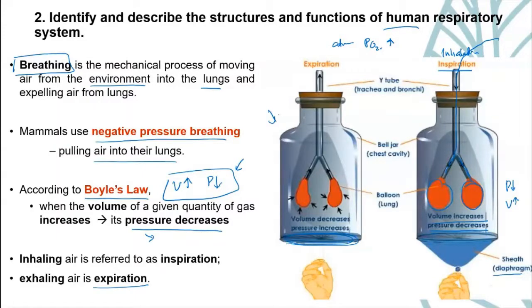During exhalation or expiration, the diaphragm will move up, causing the volume to decrease and pressure to increase. The increased pressure will push the used air, the air that has carbon dioxide, out of the lung and into the atmosphere.